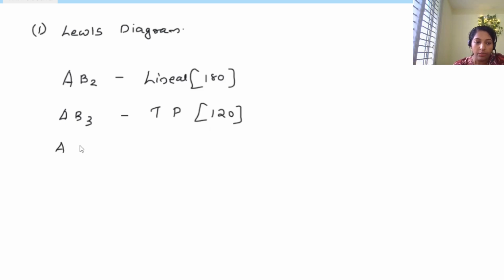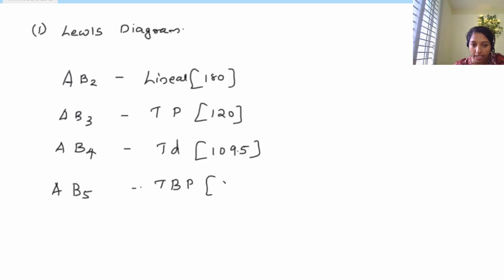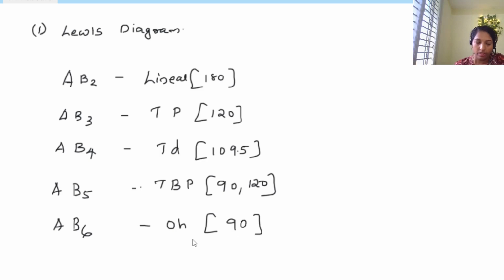And then what about 4? Yes, for maximum distance, it is tetrahedral and the bond angle is 109.5. Okay, and then AB5 means 5, it's trigonal bipyramidal and the bond angles 90 and 120 are available. And then the last one, AB6, is octahedral and the bond angle is 90. Okay, so these are the basic shapes.